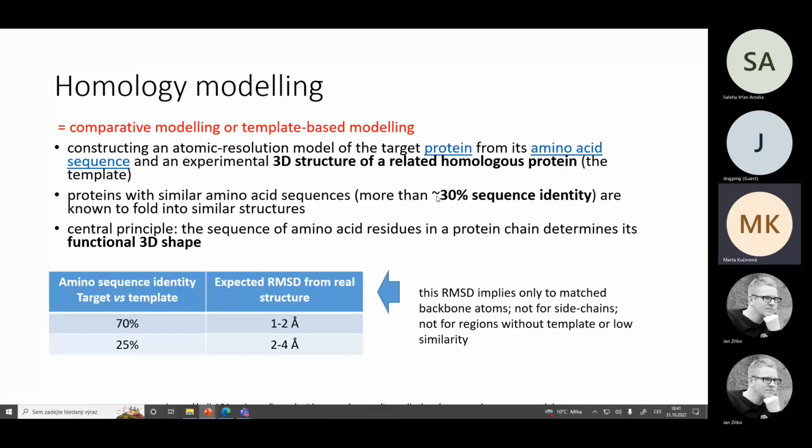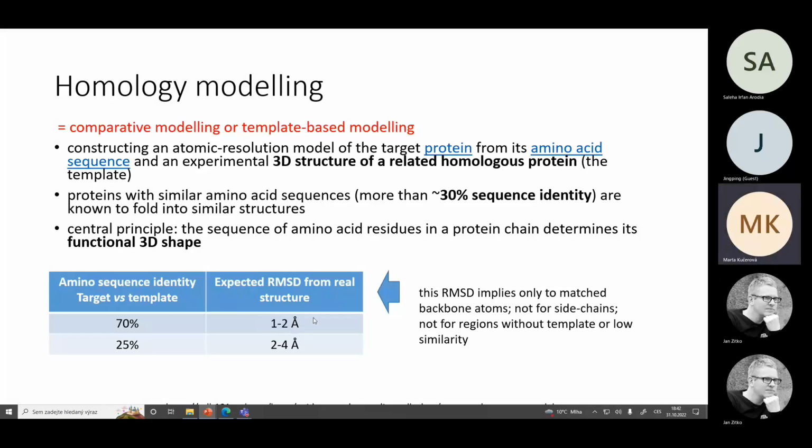The sequence identity required should be at least 30%, or 40% is better. And in the table, you can see the dependence on the sequence identity of two proteins, where one has a known 3D structure and one is unknown, and how it is reflected in the RMSD, which is the root mean square deviation of the protein.